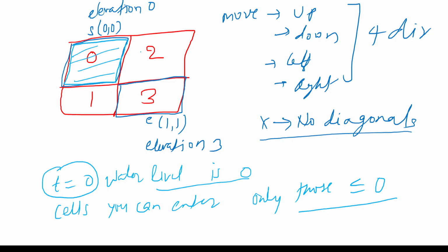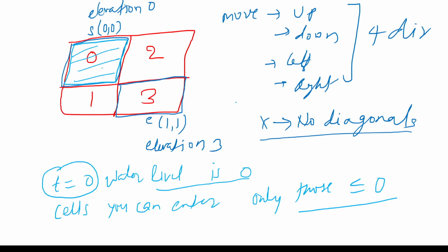You cannot move to another cell. This is our start, this is our end, but the start is filled with water, and we still have to check whether the others have water or not. So the only reachable cell is 0, 0. We cannot move from here to any other place, because we need the water to rise in the other cells.